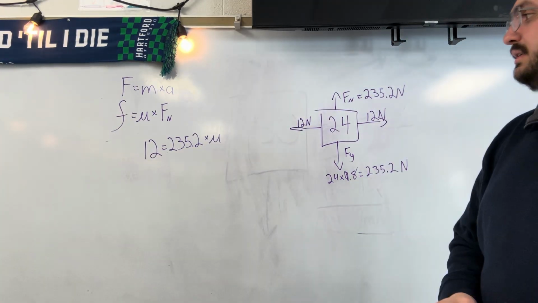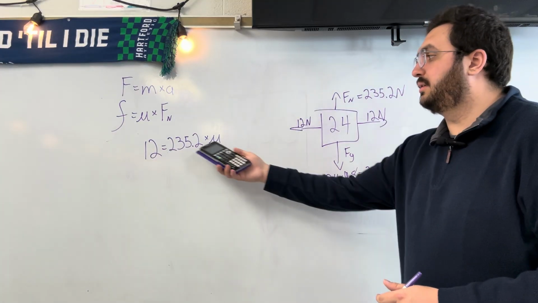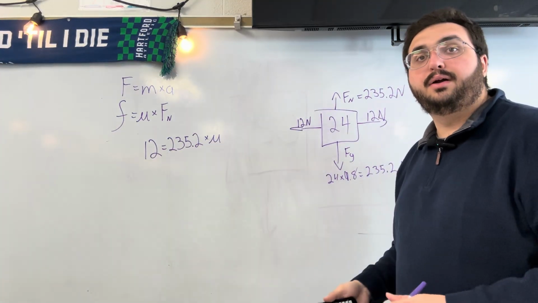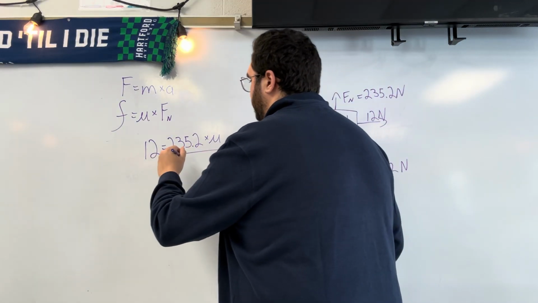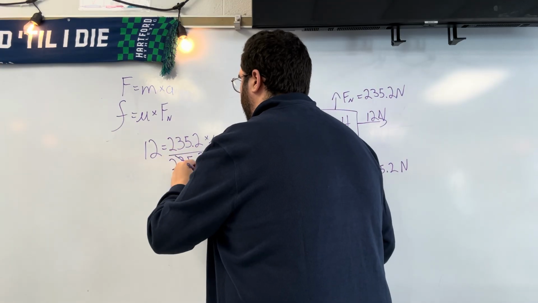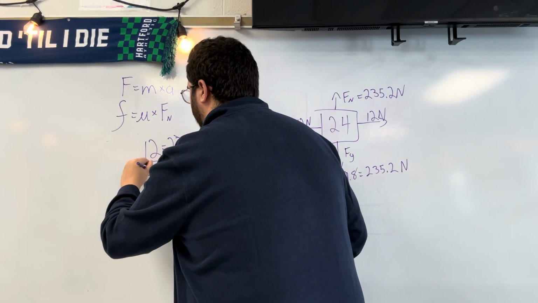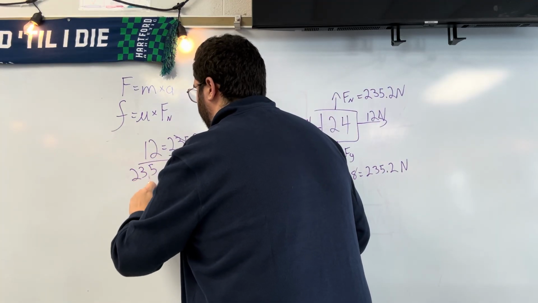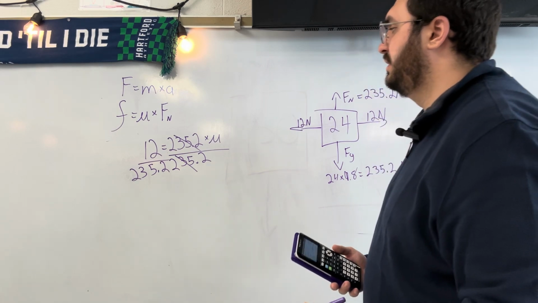So let's go ahead and do that out in a calculator. These two things are being multiplied together right now. In order to undo that, we divide both sides by 235.2. Those will cancel out. And just like the last problem, because we do it to one side, we must do it to the other.